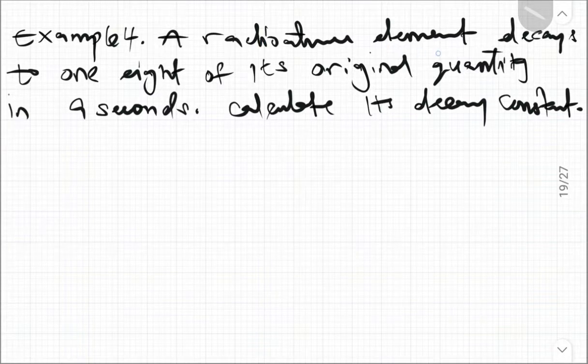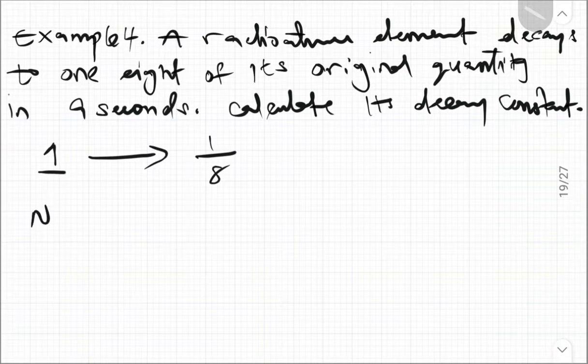A radioactive element decays to 1/8 of its initial quantity. So it reduces from 1, which is 100%, to 1/8. So this is the original amount, the initial amount, N0, to Nt.